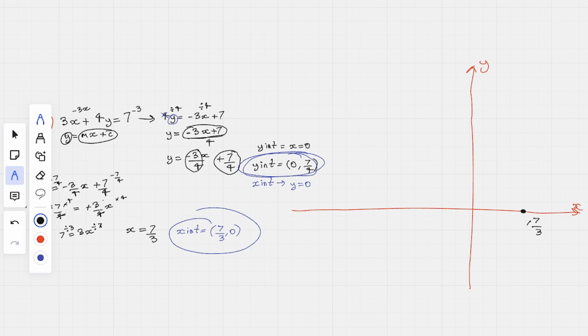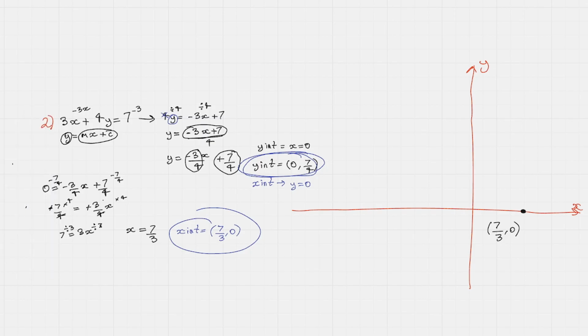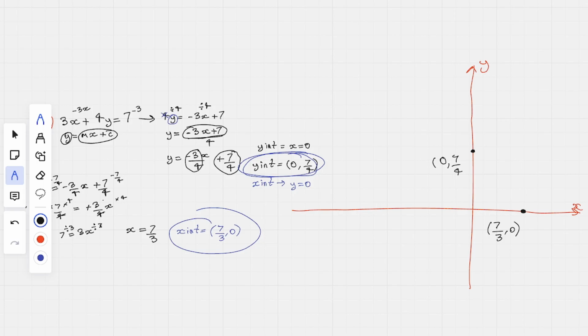And the y-intercept, which is (0, 7 over 4), is also on the positive side of the y-axis.